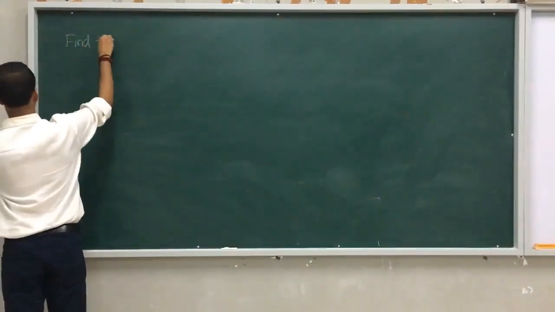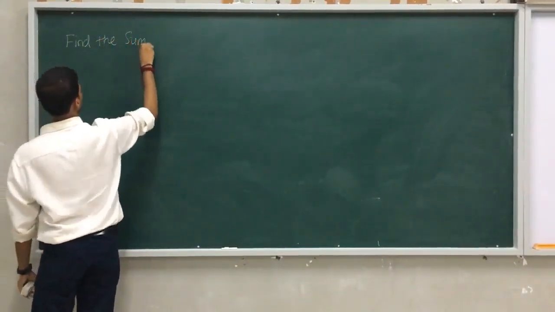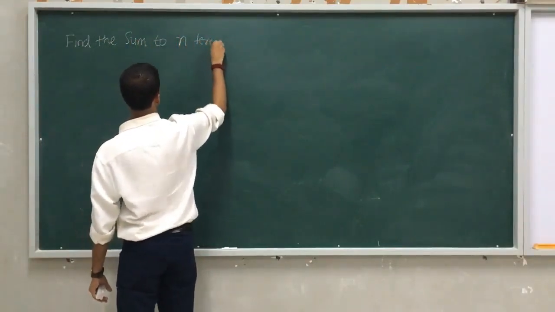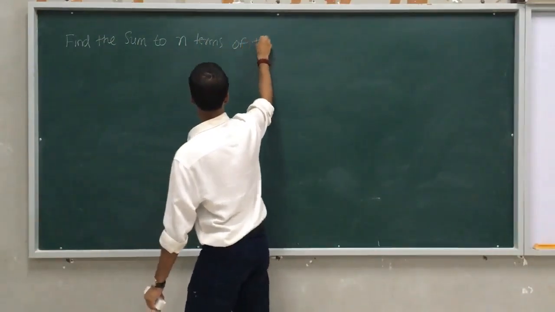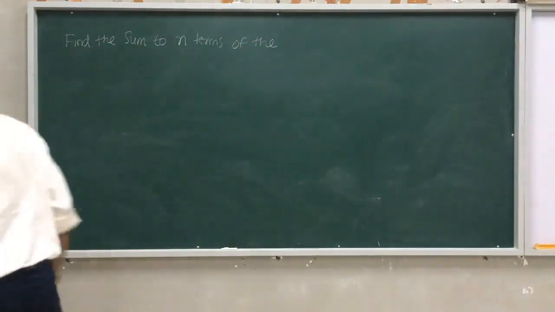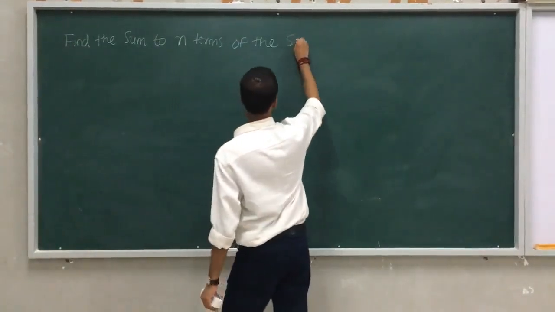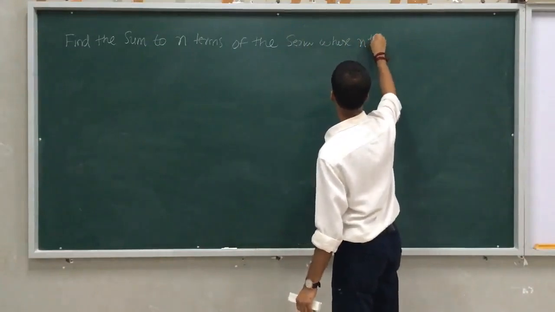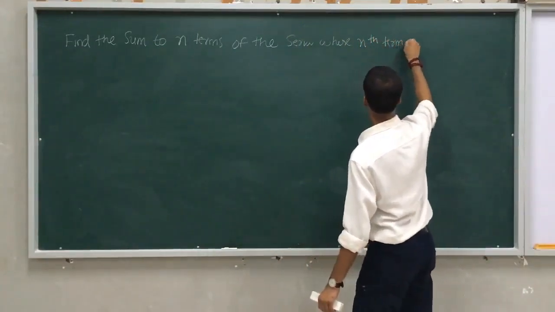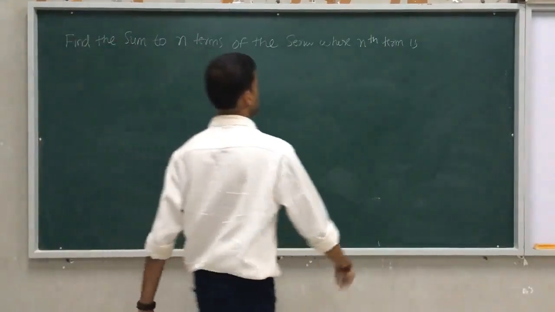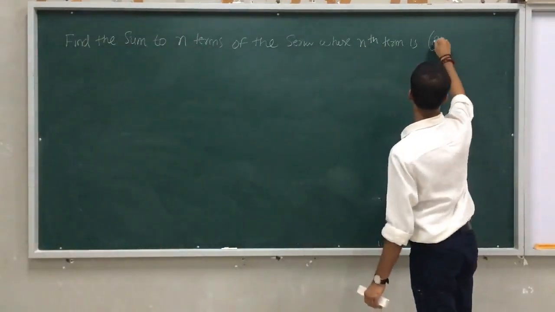Find the sum to n terms of the series whose nth term is (2n minus 1) whole square.